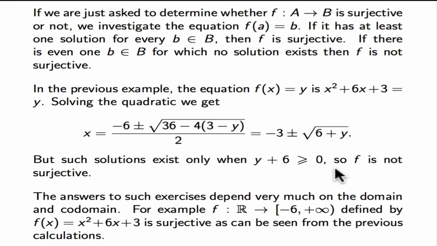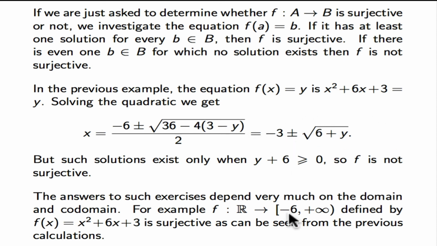Okay, another thing to keep in mind is that in these exercises, the answer depends very much on the domain and codomain. For example, if my codomain, instead of being the whole set of real numbers, was the set from minus 6 to plus infinity, then the function defined by the same formula will be surjective. And this is shown by our previous calculation.